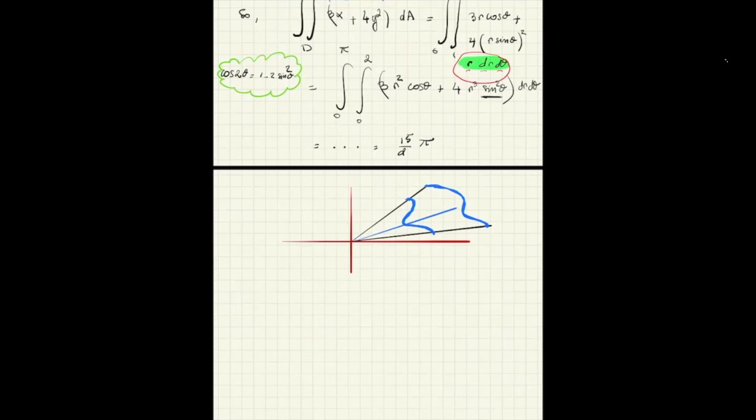For some theta, you will have to vary from this thing to this thing. So this is a region D.